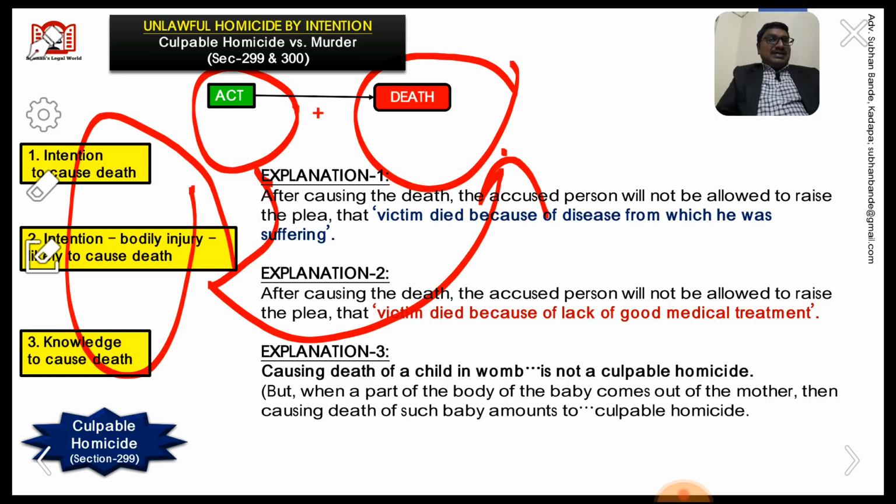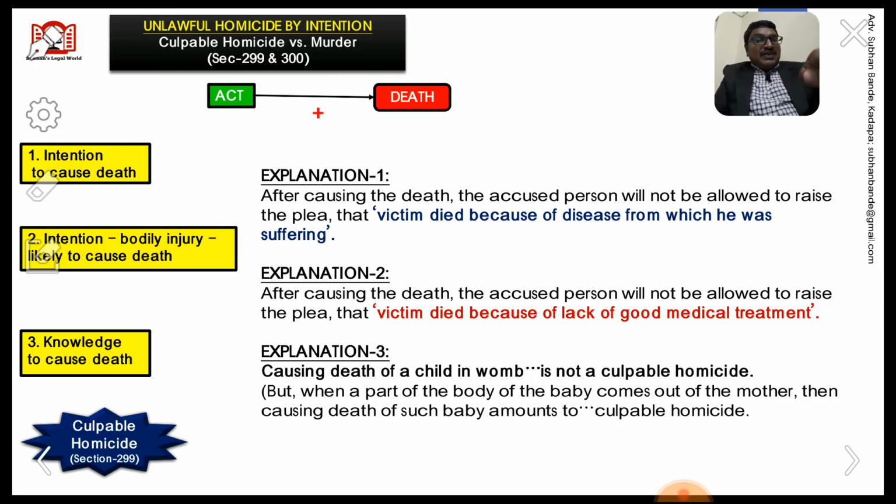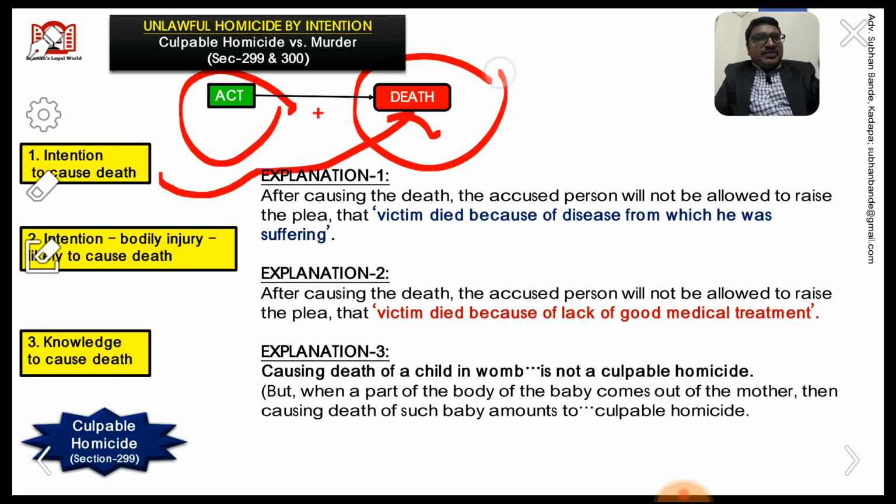Culpable homicide. Let us see the first kind of mens rea specified under Section 299 for culpable homicide. A person must do an act with the intention to cause the death of another person, and the result is the death of the other person.